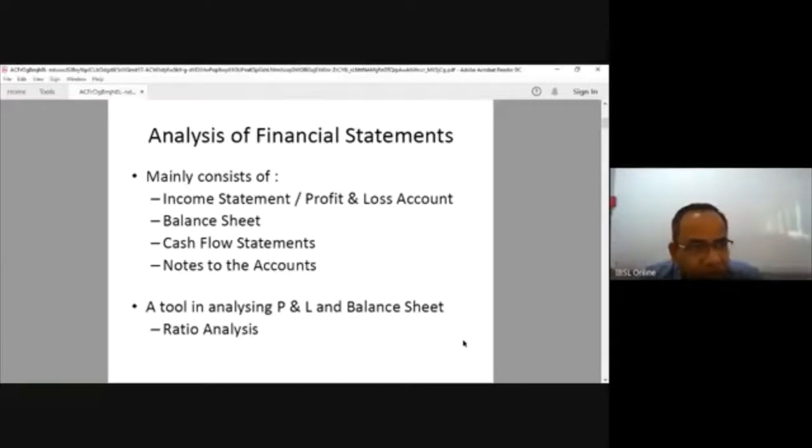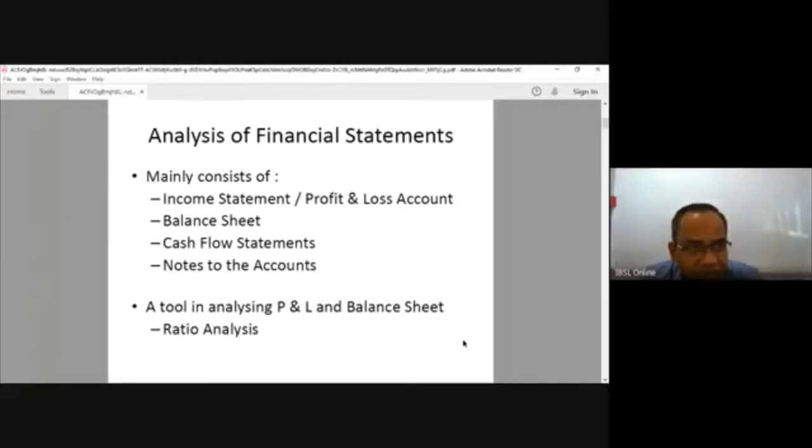So anything where explanation is needed will be found in the notes to the accounts. Normally, alongside the item in the profit and loss account and balance sheet, a number will be mentioned: 1, 2, 3, 4, 5, 6, 7. That will be explained in the notes under those numbers, right? That makes you understand the profit and loss account and balance sheet. What are the items?